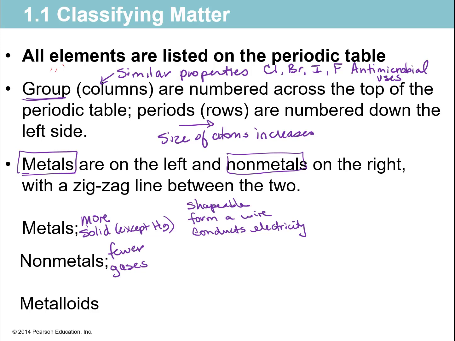There's only one liquid nonmetal, and that is, you see the blue? Bromine is a liquid at room temperature. It's very close. Its boiling point is very close to being room temperature, about 80 degrees. Bromine is a liquid. There are ones like carbon, sulfur, and phosphorus, not nitrogen, and those ones are solids.